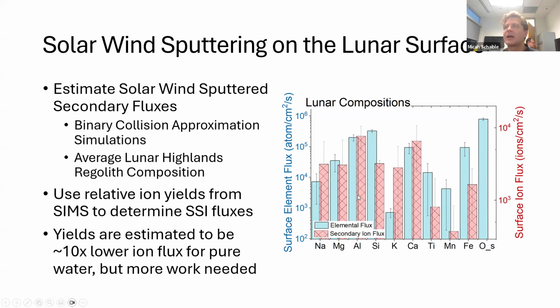So we're getting about 1,000 water molecules sputtered from the lunar regolith per centimeter squared per second.